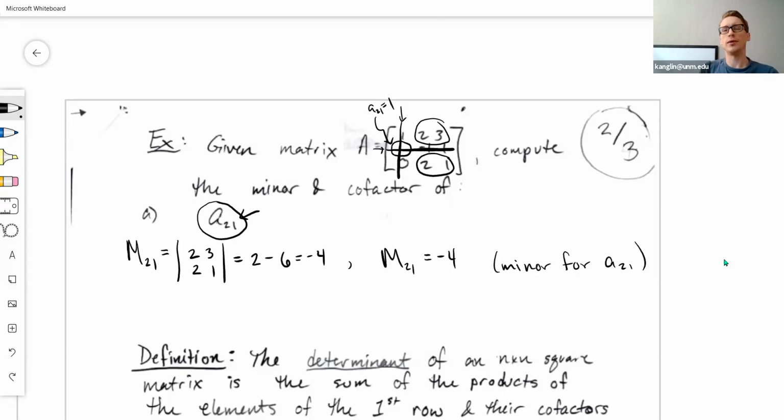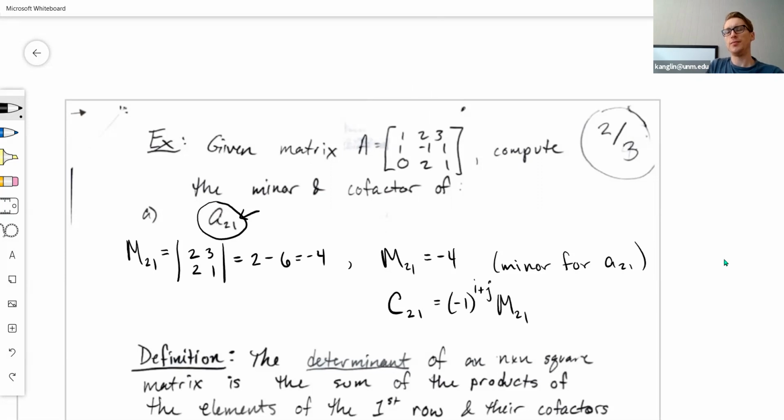For entry A21. Now, if I want to figure out what the cofactor for A21 is, we call it C21. Remember, that's just -1 to the i plus j power times M21. In this case, my i is 2, my j is 1, sorry, the sum is 3. So i plus j up here, it's 2 plus 1.